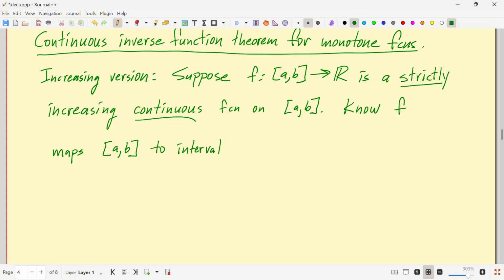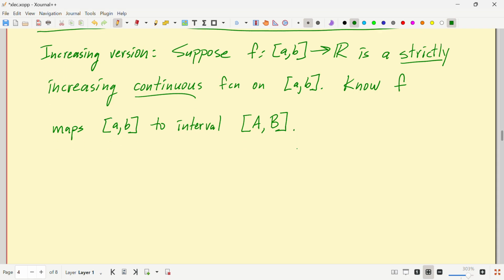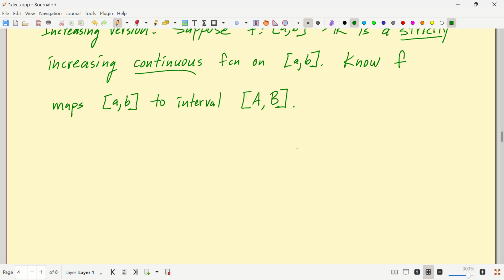We know that f maps [a, b] to an interval [A, B], which is also a closed interval. The fact that f is strictly increasing, so that's the picture. And the intermediate value theorem means we know that everything gets hit.